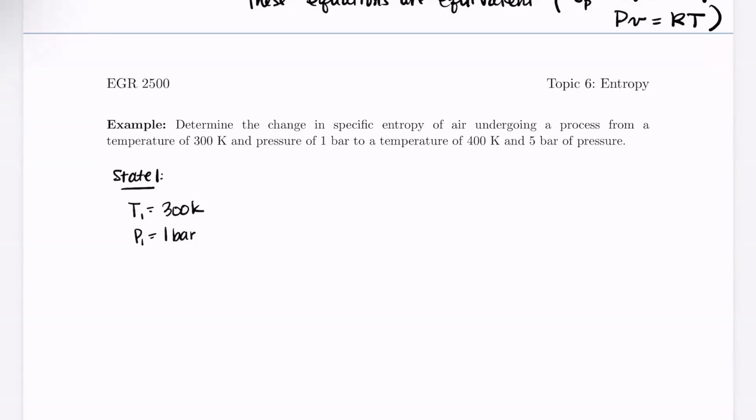And then state 2, we have T2 is 400 K and P2 is 5 bar. What we want to find is our change in specific entropy, so we want to know lowercase s2 minus s1.